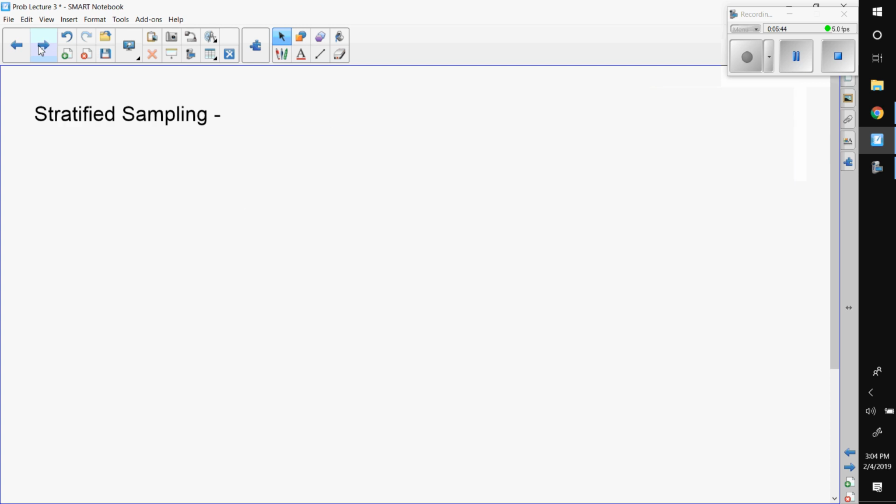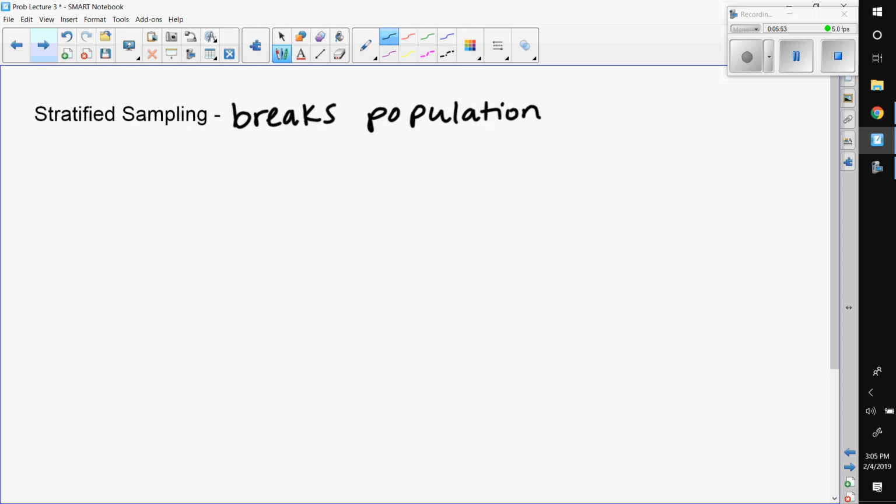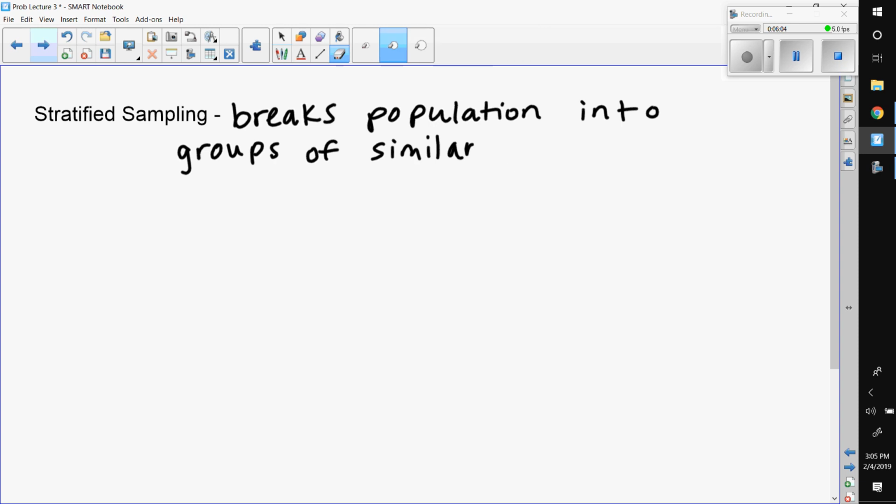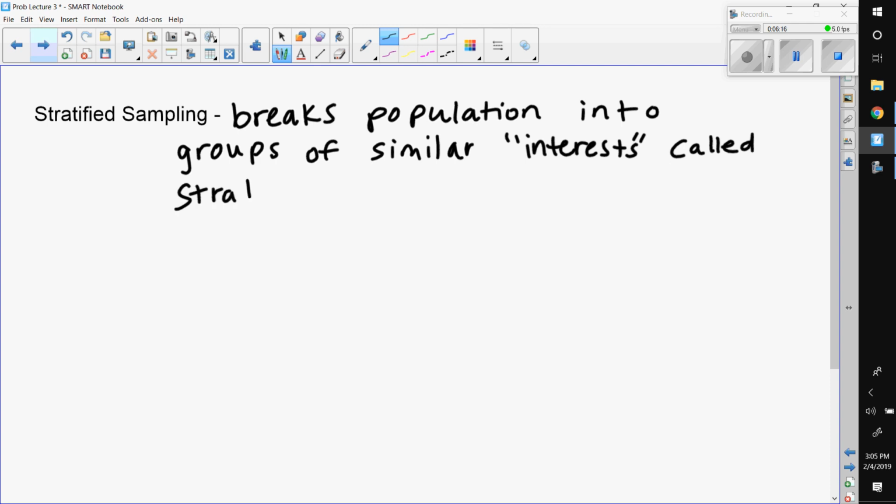The next one is stratified sampling. This breaks the population into groups of similarity, similar interests, called strata.